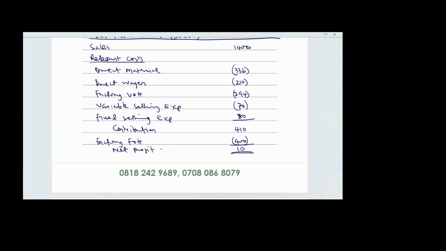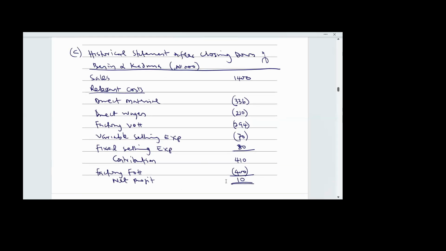So that's that. This is what examiner wants you to do. Then yes, that's number C.